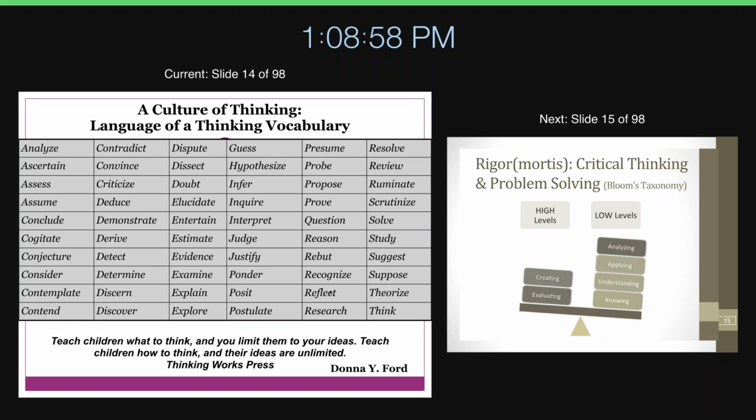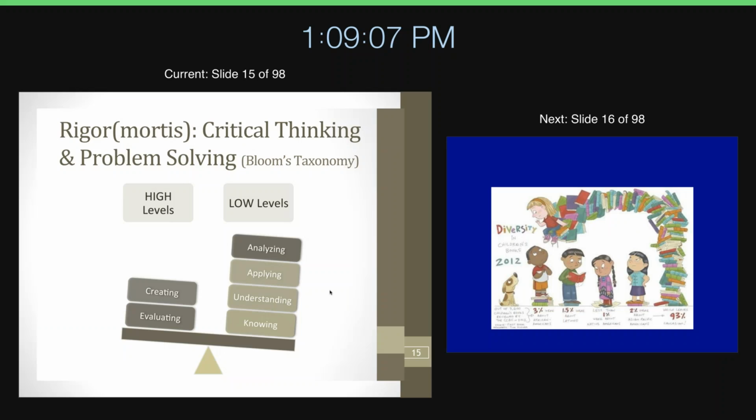And the activities and assignments tend to be at the lowest three levels of Bloom's taxonomy. So for me, it looks something like this. Instead of rigor, what I'm seeing in too many of our classrooms is what I call rigor mortis, heavy emphasis on low level thinking. And the highest we may get to is analyzing.